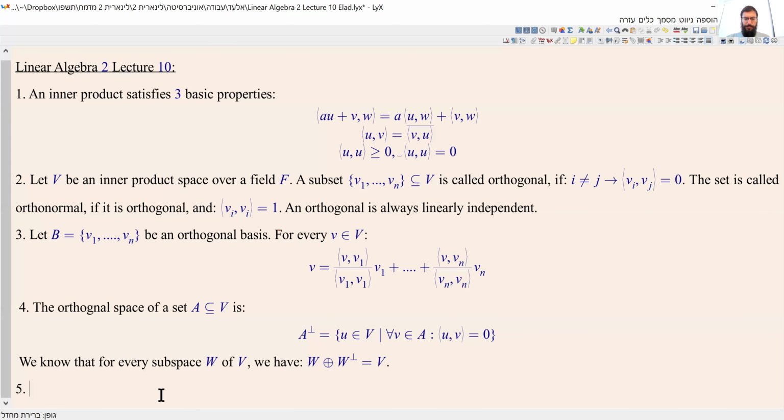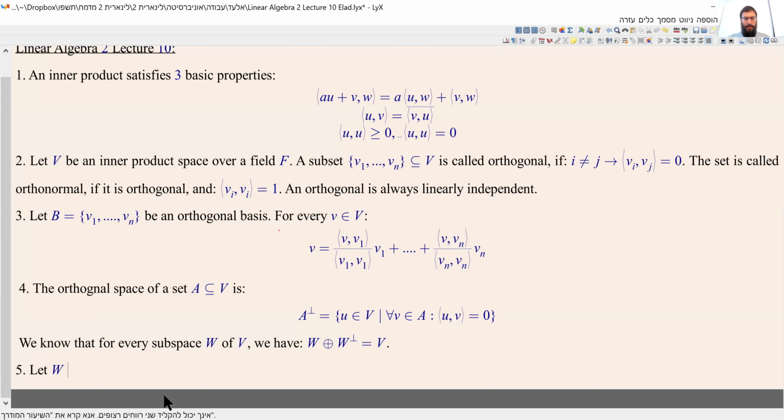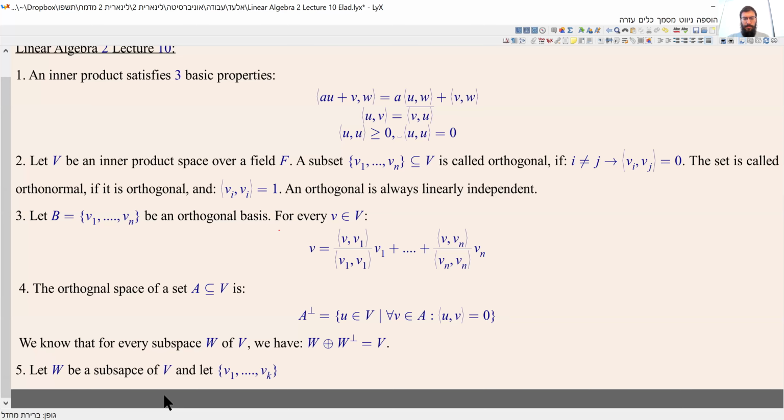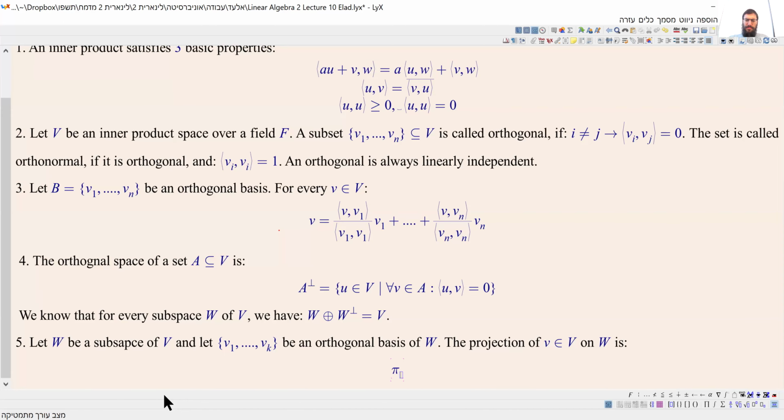The projection: let W be a subspace of V, and let V1 to VK be an orthogonal basis of W. The projection of some V in V on W is defined, and we denoted it with pi, as far as I remember.